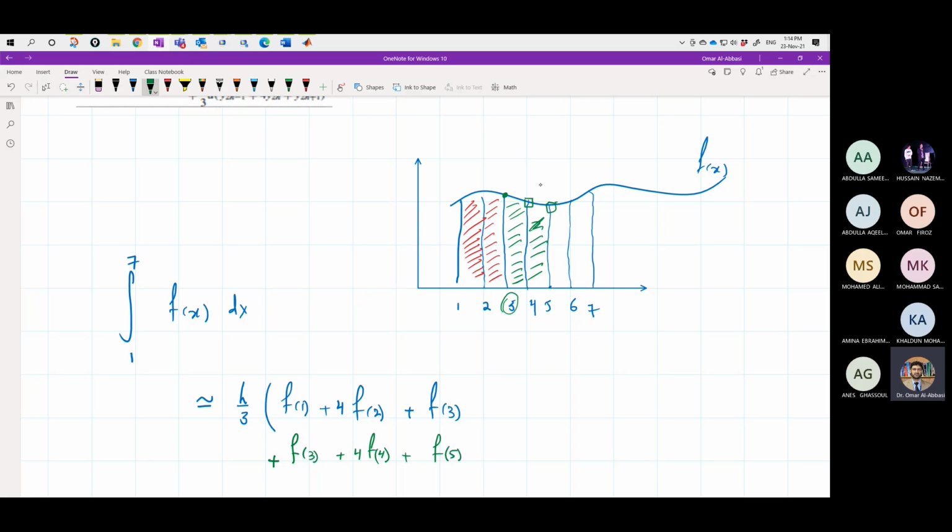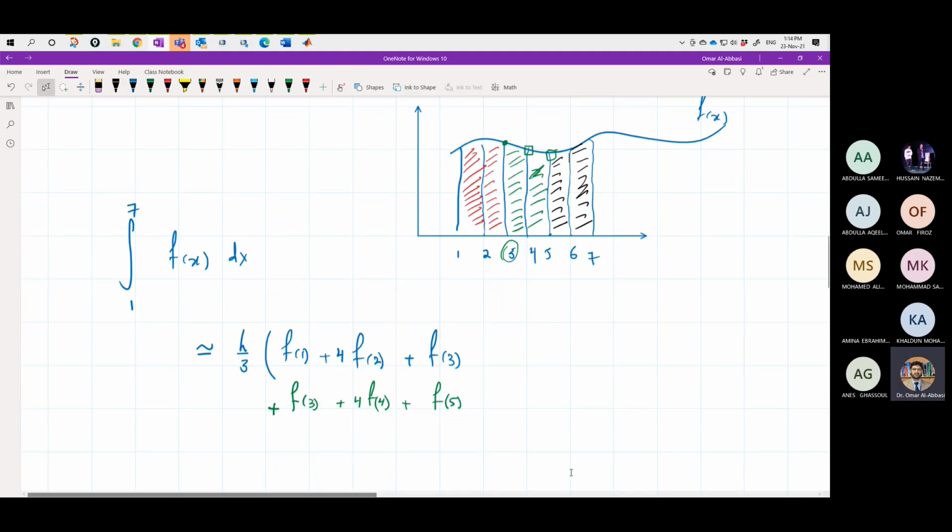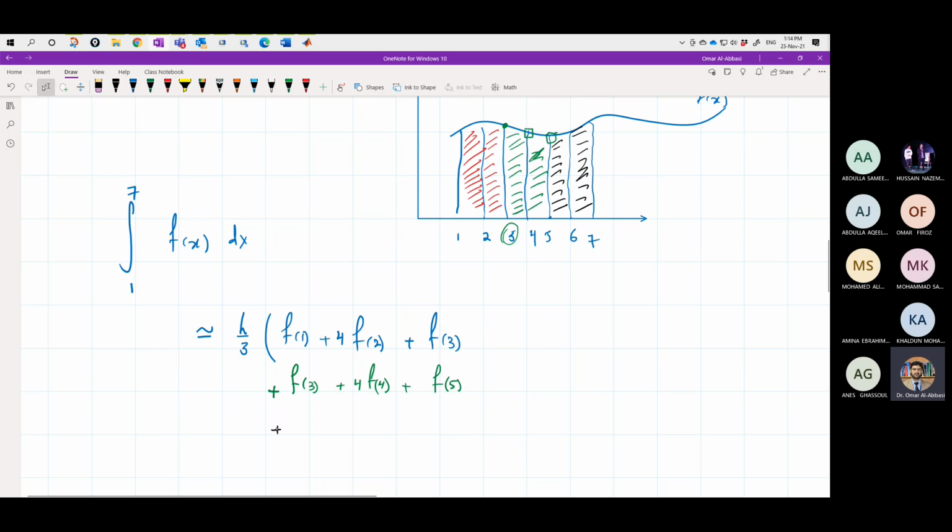Okay, so done with the second pair of intervals. Let us move to the next ones. So I will have plus the function evaluated at 5, plus 4 times the function evaluated at 6, plus the function evaluated at the end of the interval, 7. Now let's close everything.